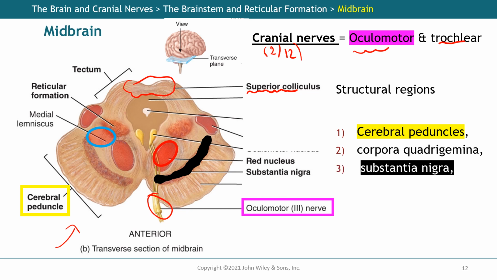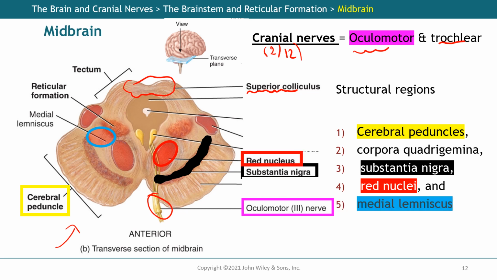In addition to that, we have the substantia nigra here, and in the following slide, I will show you the functions. We also have the red nuclei located here, and here you have the medial lemniscus. And finally, one thing that we will talk about at the end of this lecture is the reticular formation. And with that one, we will finish the brainstem.